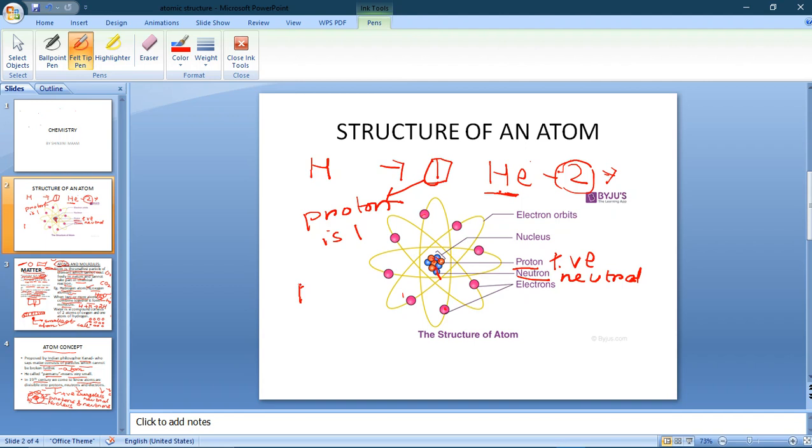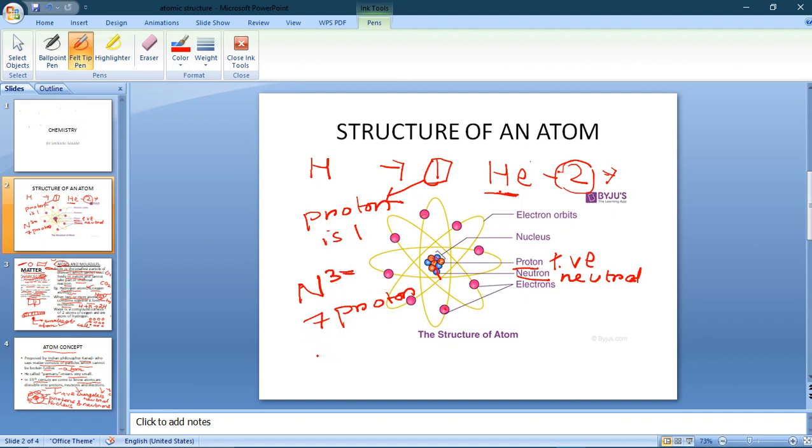But if I take N 3-, nitrogen, the atomic number is 7. Hydrogen, helium, lithium, beryllium, boron, carbon, nitrogen, so atomic number is 7. If I give a charge of 3 minus, 7 is the number of protons and 3 extra electrons are there, so we have to add them.